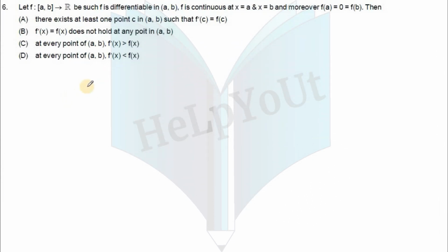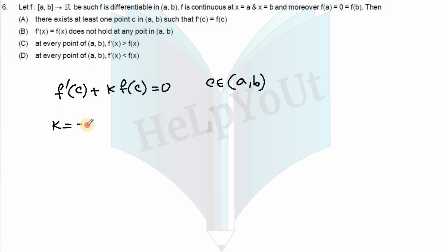For this one, we have to use the conclusion from question number 4. In question number 4, we had f dash c plus k times f c equals 0 for some c belongs to interval a to b. Here we have to assume k equals -1 because f dash c and f c are on different sides.